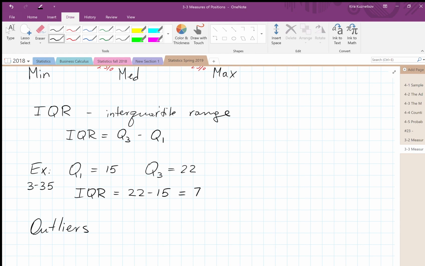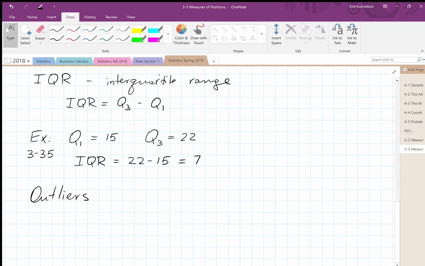So basically somebody who is not with everybody else, whether you're too tall or too short, or it's just away from the rest of the data. There is a mathematical way to identify outliers.